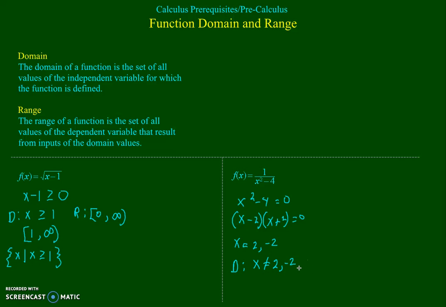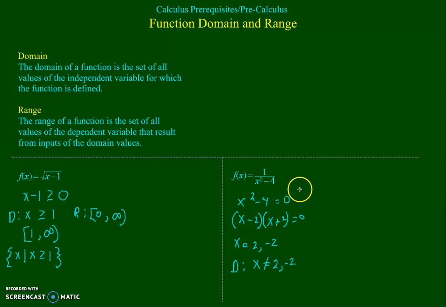Now to find the range, we have to take these vertical asymptotes. Now notice that as this function approaches 2 from the left, it gets increasingly negative because this denominator is negative, so it goes to negative infinity.